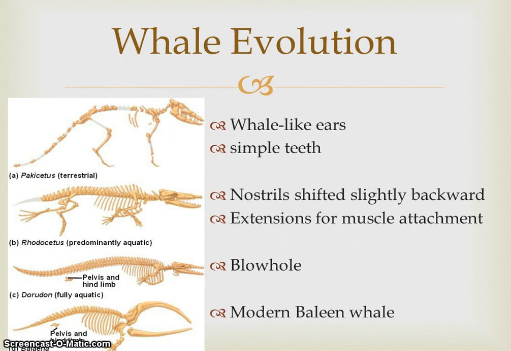On the bottom is a modern baleen whale. It also has a reduced hind limb that's detached from the rest of the body. This is considered a vestigial structure, meaning that it no longer has the same function it had in its ancestor.